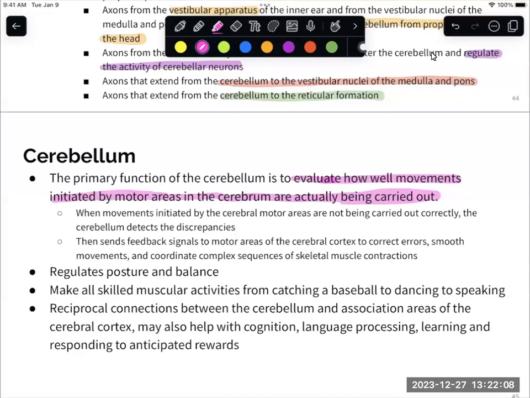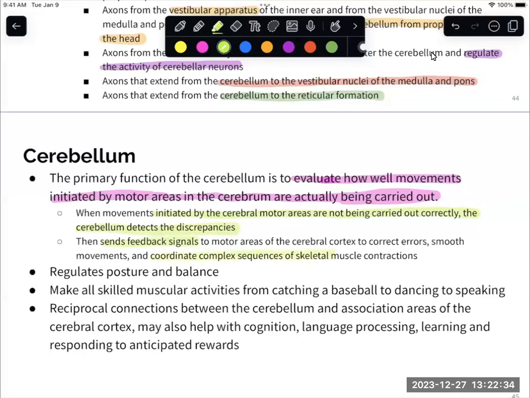Your cerebellum is monitoring this. It fine-tunes these movements. So when these initiated movements are not being done correctly, that cerebellum is going to detect any discrepancies and it's going to send feedback to correct those.